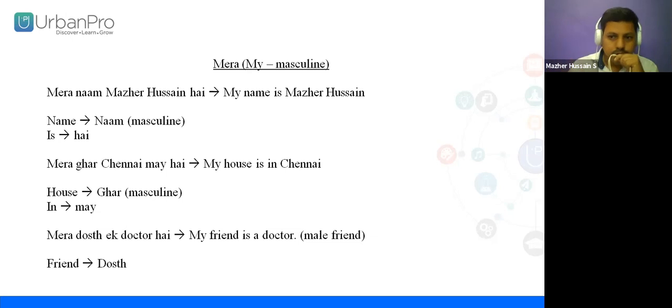For example, if there is a girl whose name is Pooja, she cannot say Meri naam Pooja hai. If she says that, the sentence is grammatically incorrect.